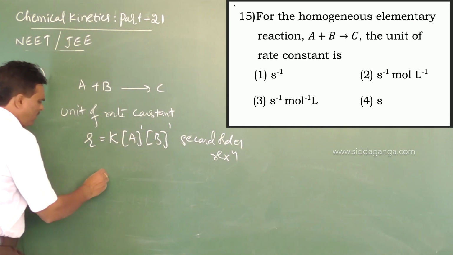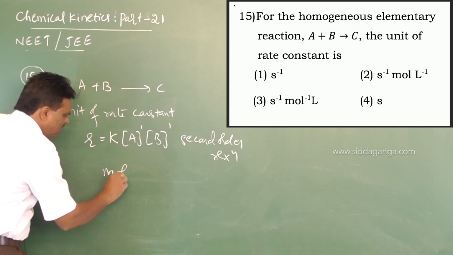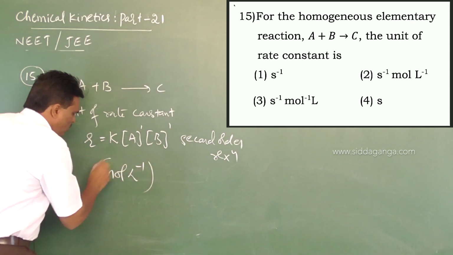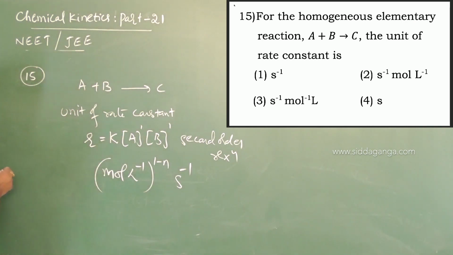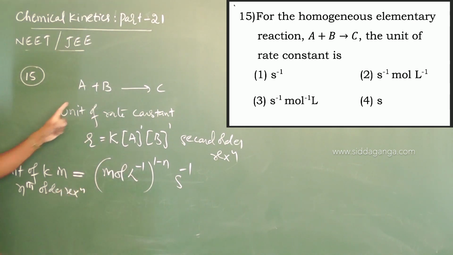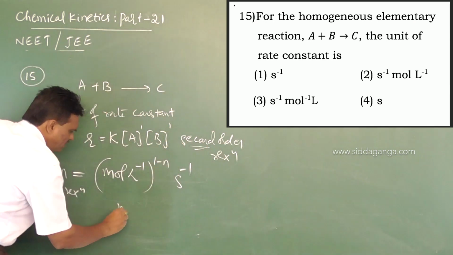In case of a second order reaction, the rate constant is moles per liter to the power 1 minus n per second. This is the unit of K in an nth order reaction. Since this reaction is second order, the value of n is 2.